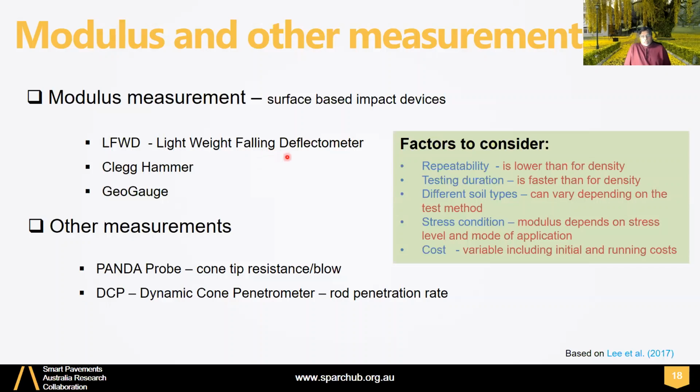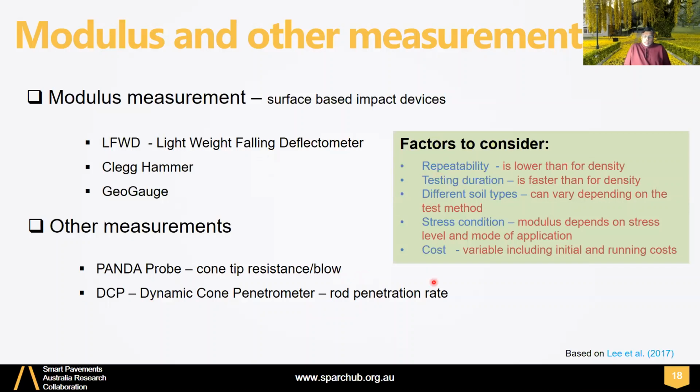So force divided by the area gives you stress. Stress divided by deflection gives you some stiffness. So that can be used to some extent. Then other measurements include cone tip resistance measurements, Panda probe and dynamic cone penetrometer. They are based on some penetration resistance.